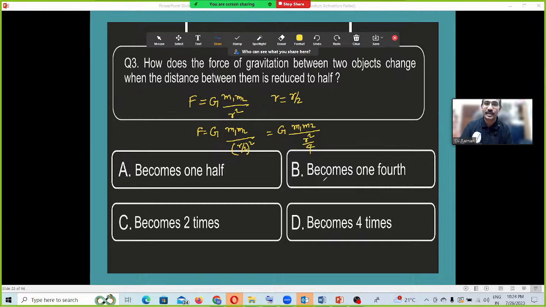Don't get confused: becomes 1/4 and becomes 4 times. Generally 4 is the answer now. But again, r square by 4 we can write as capital G m1 m2 by r square into 4. So 4 times the gravitational force. This is the right answer.